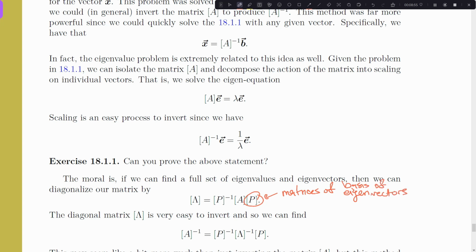So you take a matrix as a basis of eigenvectors, you take its inverse, and you put that on both sides of A. You recover a diagonal matrix of eigenvalues.